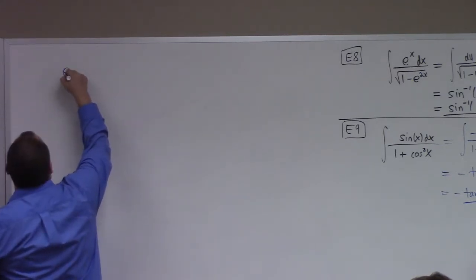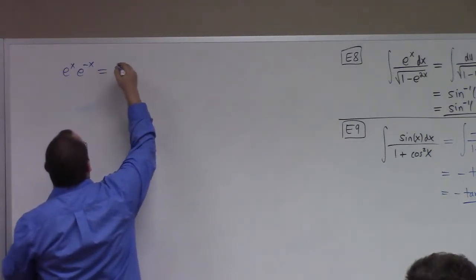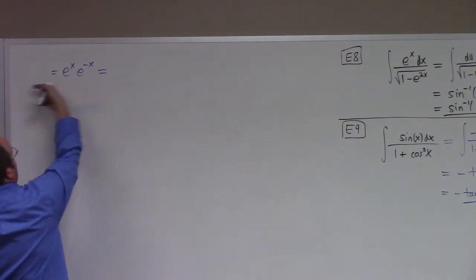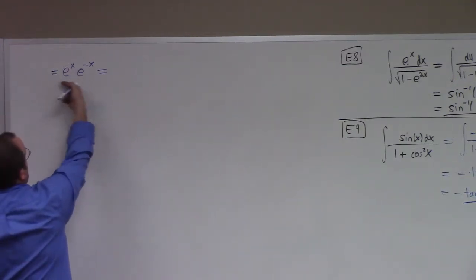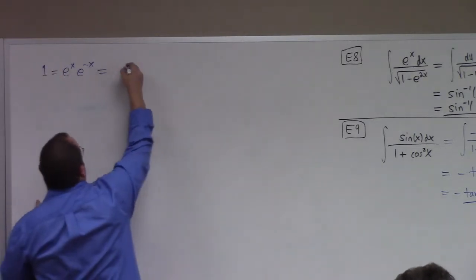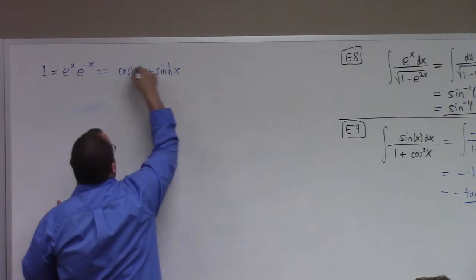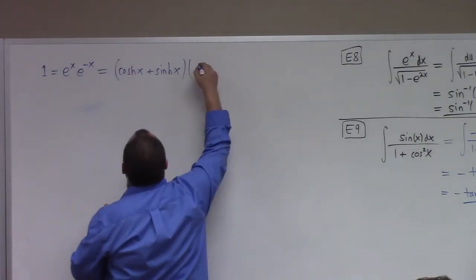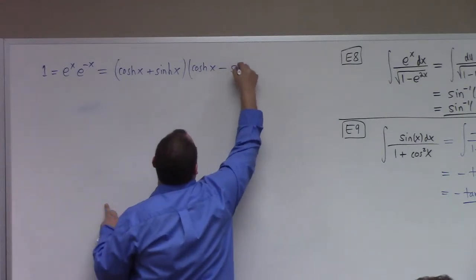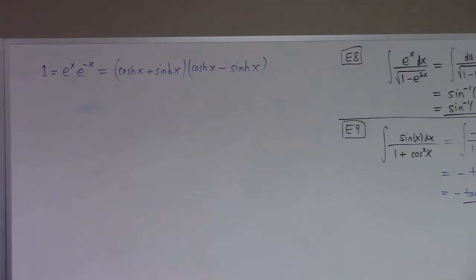If you look at e to the x times e to the minus x, that's what? This is e to the 0, also known as 1. And on the other hand, this is cosh x plus sinh x, by definition, times cosh x minus sinh x, because sinh is odd and cosh is even, by construction.